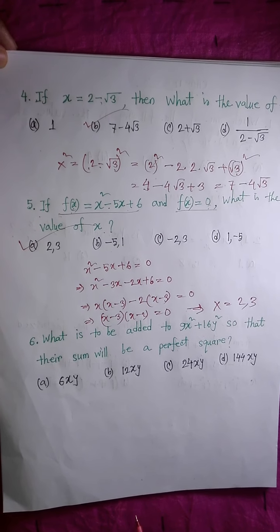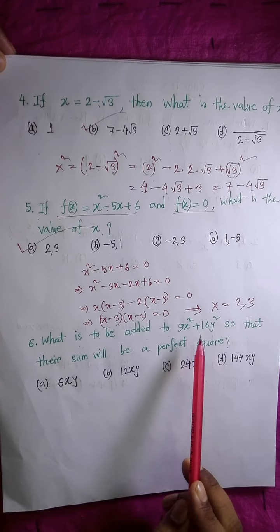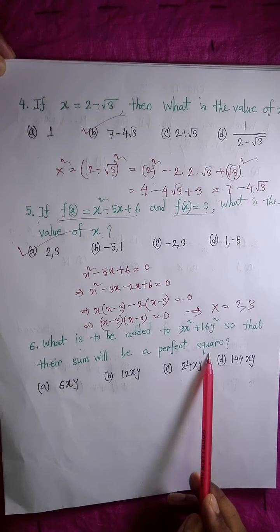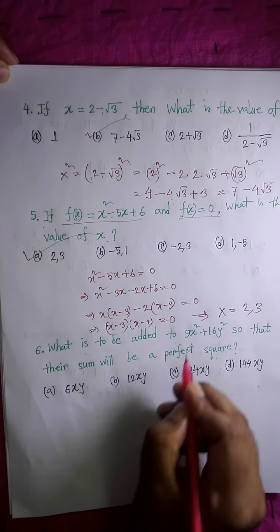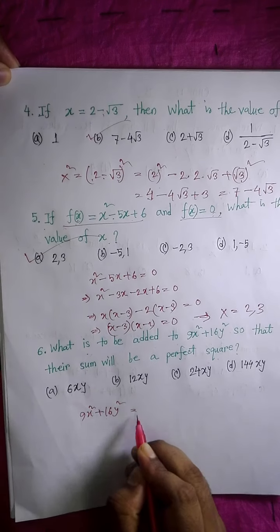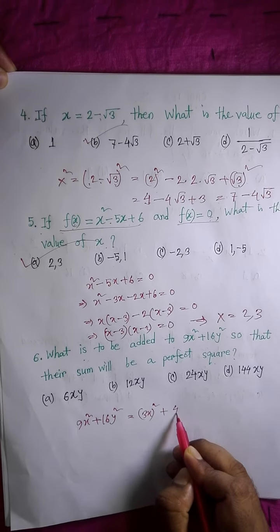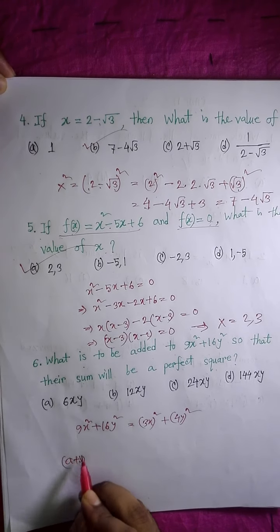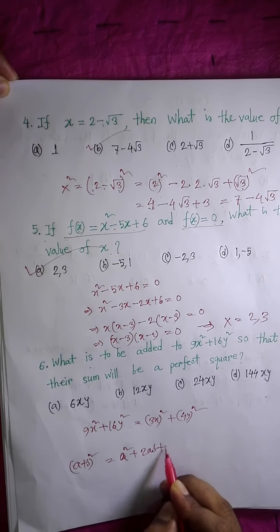Now question number 6: what is to be added to this so that their sum will be a perfect square? Let's write here 9x square plus 16y square. We can write this as (3x) whole square plus (4y) whole square. You all know that the (a plus b) whole square formula is a square plus 2ab plus b square.